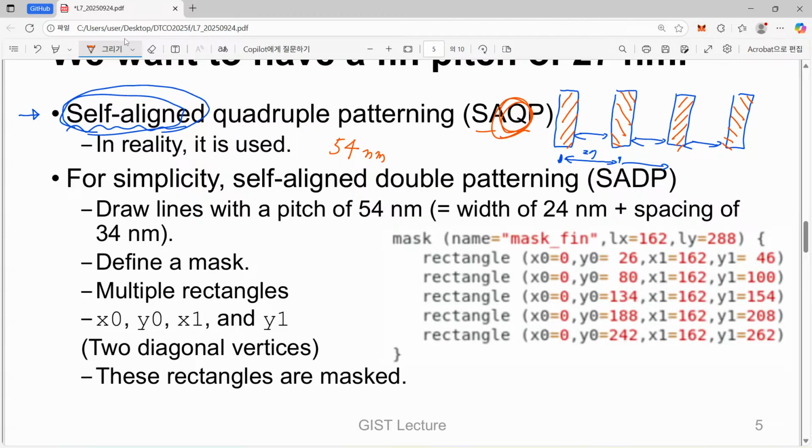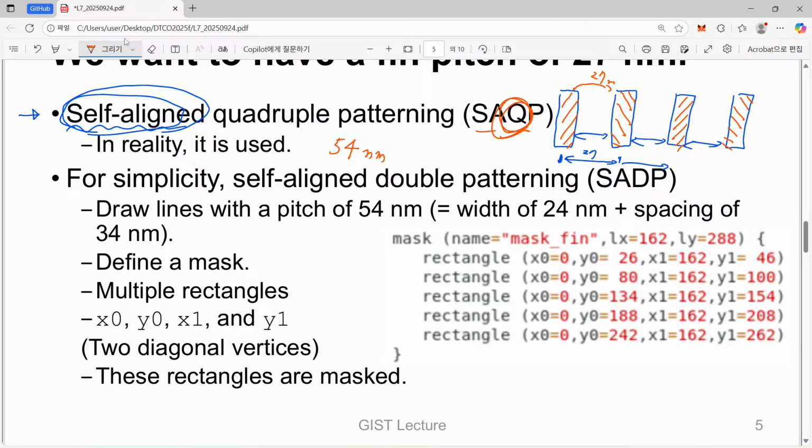How does it look like? So although we cannot make 27 nanometer pitch lines, we can draw 54, and just shift the second pattern from the original pattern by an amount of 27 nanometer and draw it. It can be a solution, and it is actually the solution, another alternative way we do it.